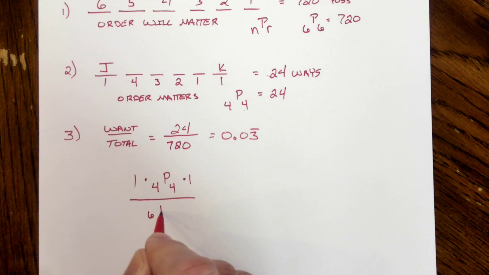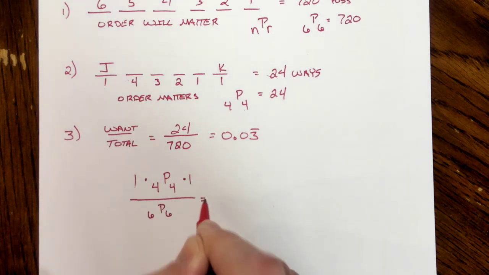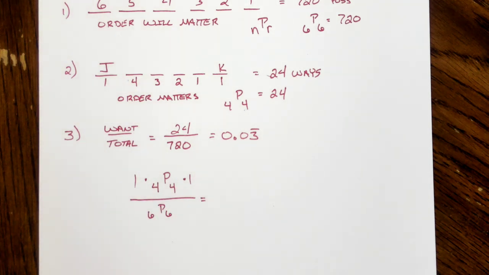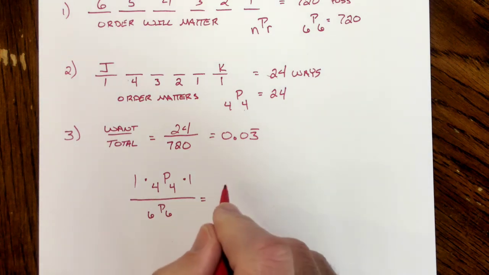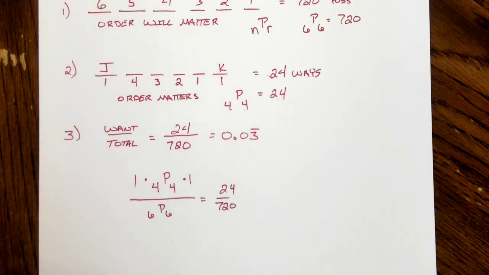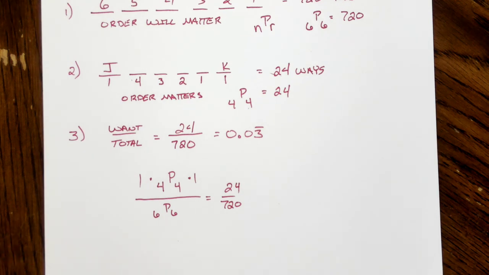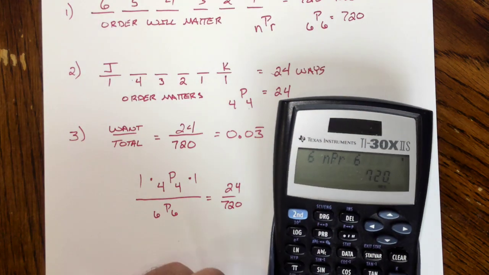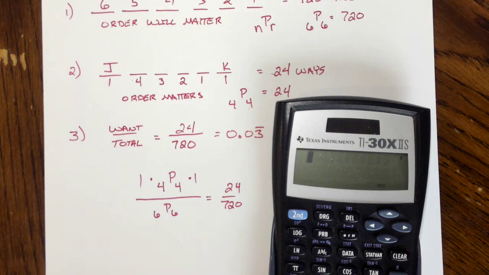There are 6 people in order. And as we do our calculator, we can set this up. So we'll go through the key sequence for you.